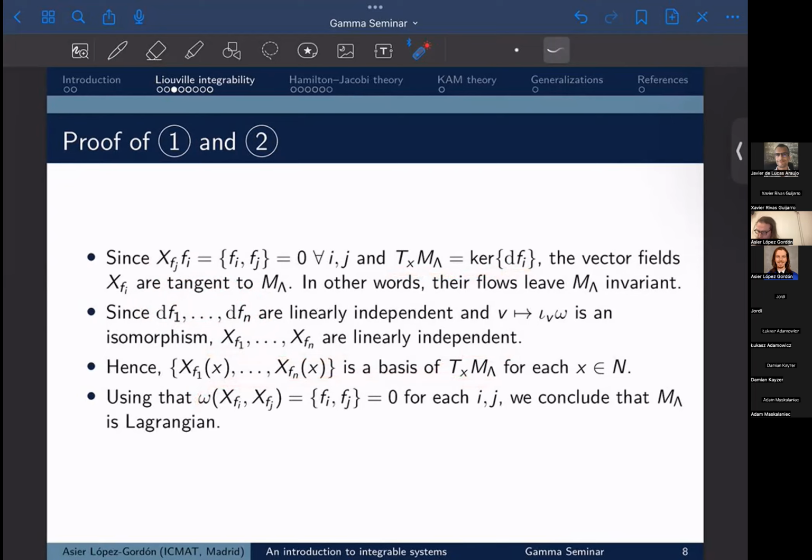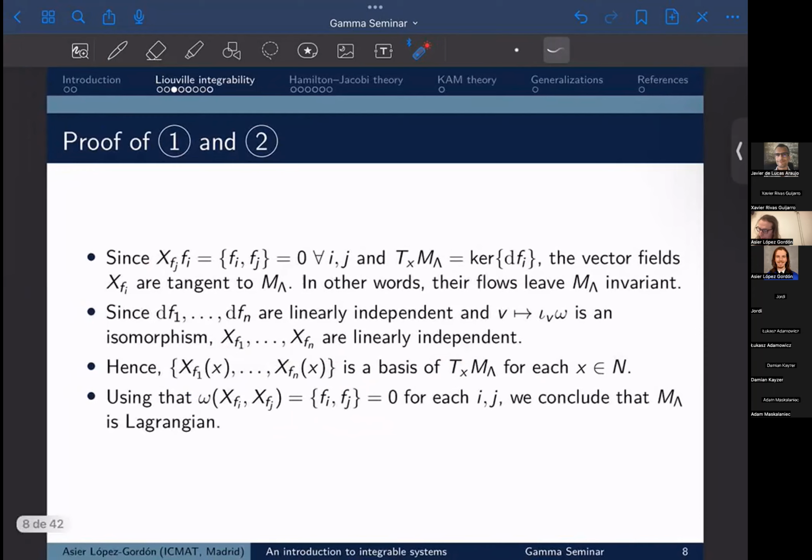And finally, using that, we can write the Poisson bracket in this way, by definition, and it vanishes since omega contracted with any pair of vector fields of the basis of the tangent space vanishes, then it must vanish for every pair of vector fields on this tangent space, and hence it is a Lagrangian submanifold.